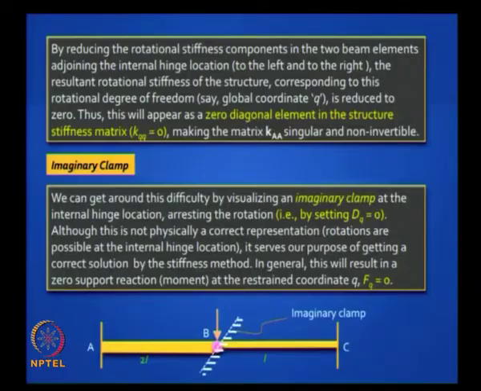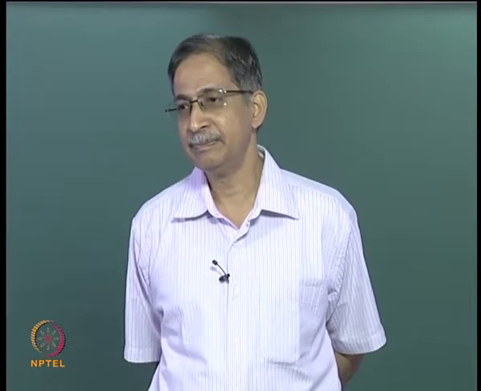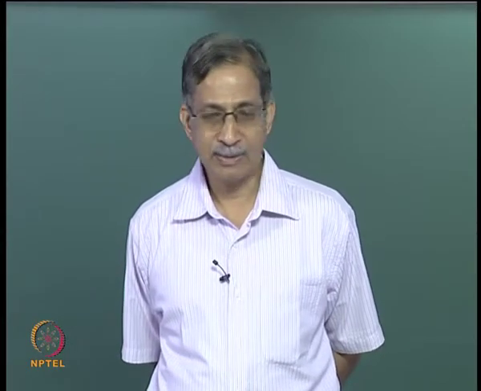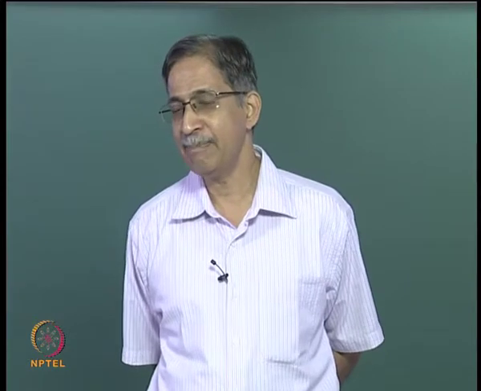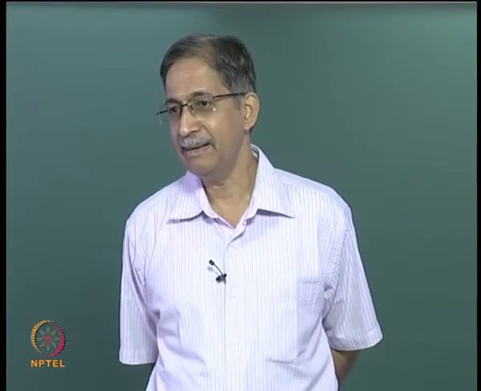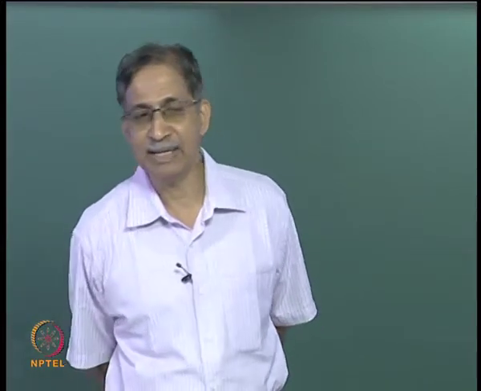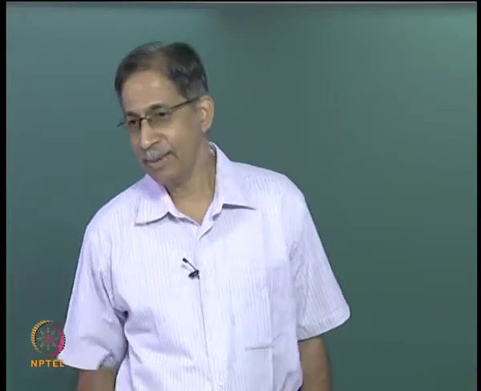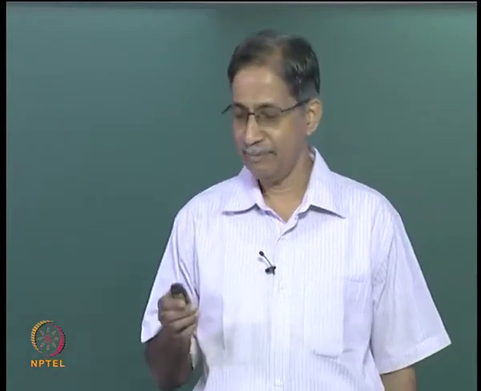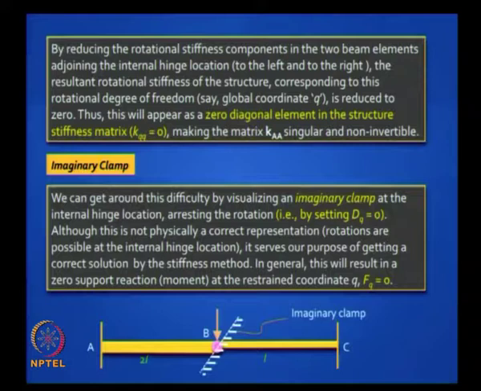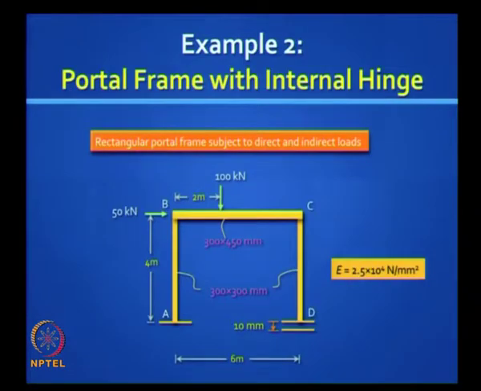So you don't need to invert the KAA matrix with a zero diagonal element in it. The moment you have a release, you will have a zero diagonal element, so we conveniently pass it on to the restrained coordinate, and there it doesn't really matter. We do this by means of an imaginary clamp.